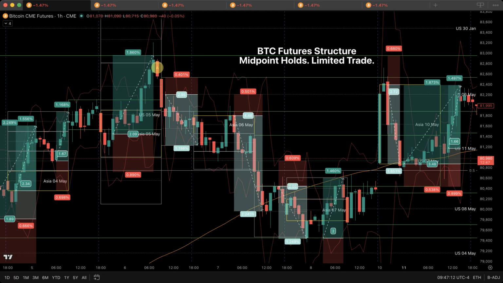If price reclaims the midpoint and moves away, buyers begin to control the compressed U.S. box. That is the long trigger. Not the later breakout, not the upper test. The midpoint hold. Price reaches the midpoint. It reacts. It holds. Then it starts moving away. That is where the long appears.